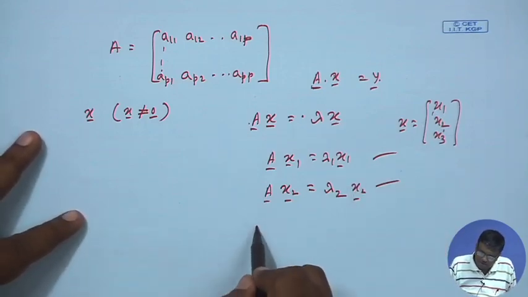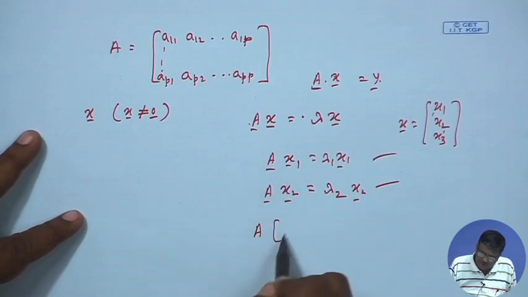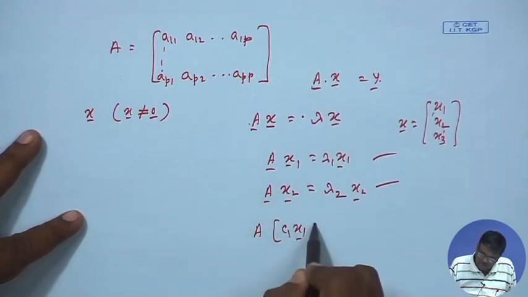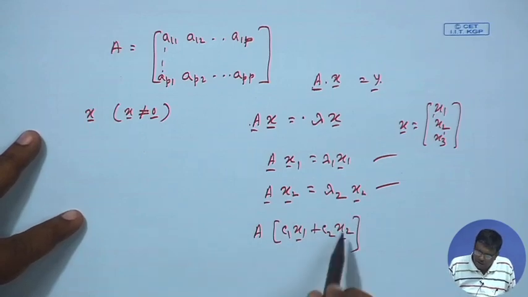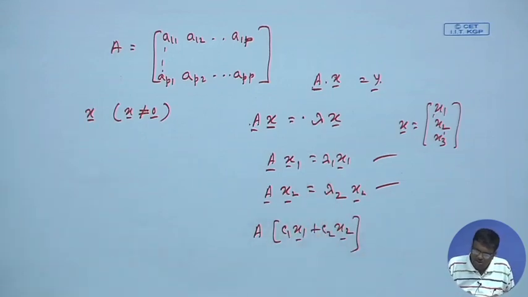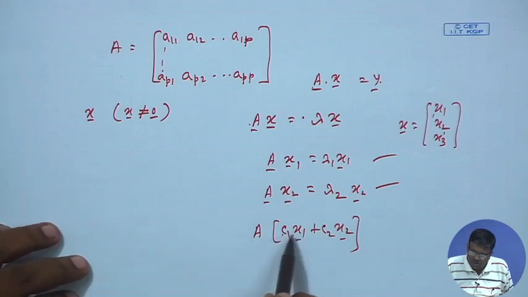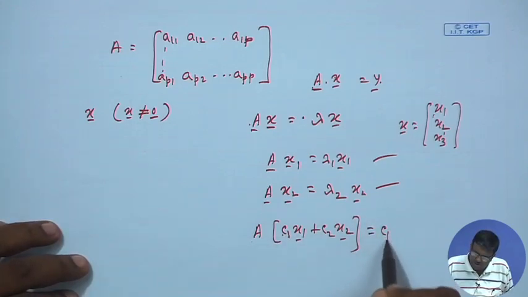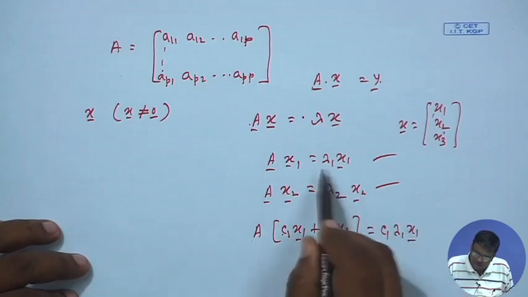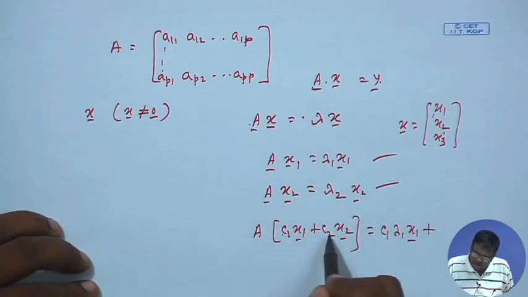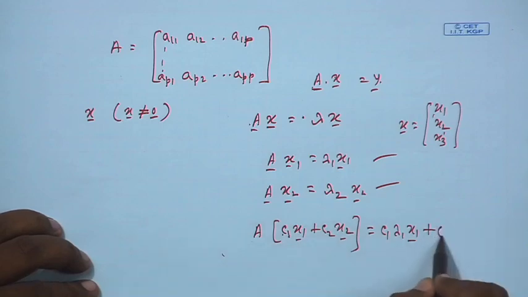Then if I give you neither x1 nor x2, but a linear combination, you can carry out this product from this knowledge, because A into C1 x1, C1 is a scalar, so C1 can go out, A x1 you know is lambda 1 x1, directly put from there, and A into C2 x2, C2 can go out, A x2 which is lambda 2 x2.